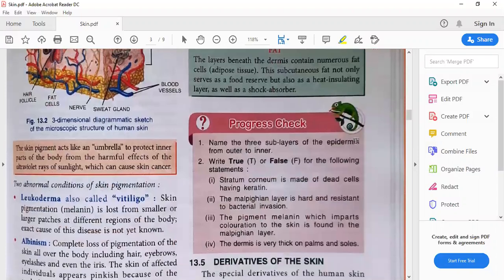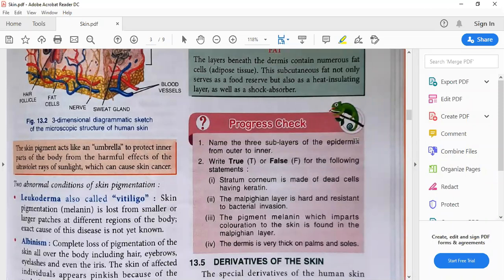Now the skin pigment acts like an umbrella to protect inner parts of the body from the harmful effects of UV rays. So basically, what does this mean? Are you understanding? If you have whitish skin, it can lead to more cancer.